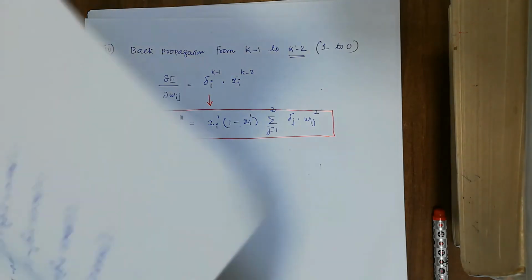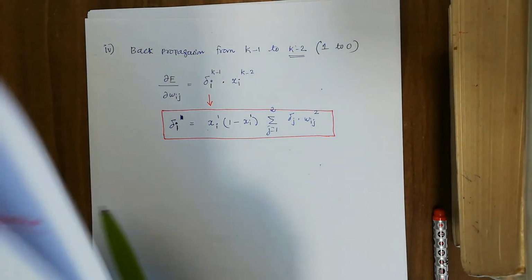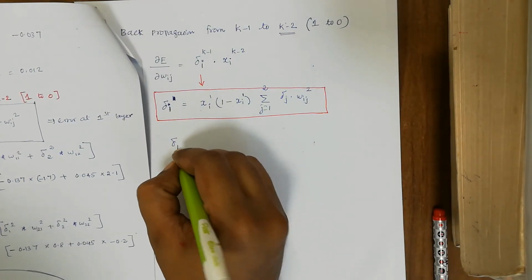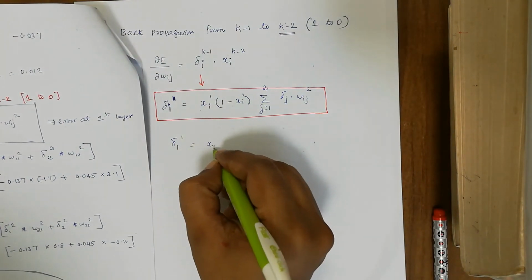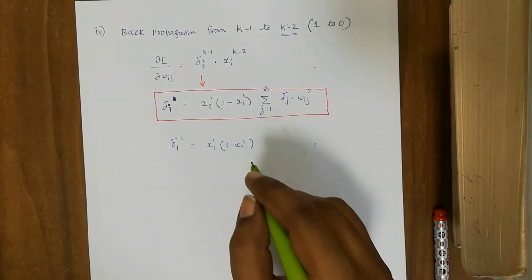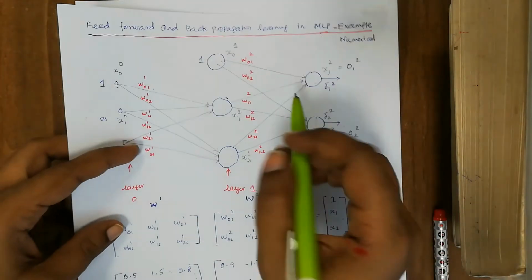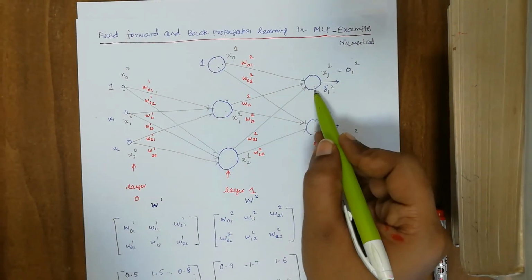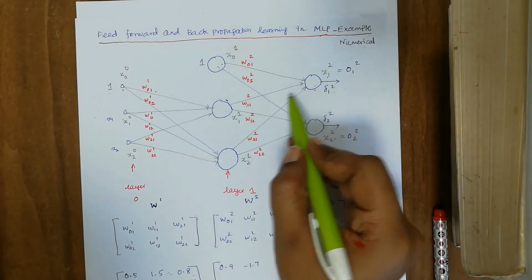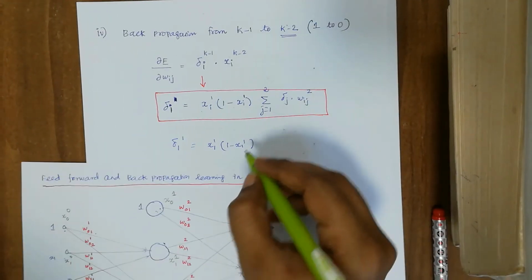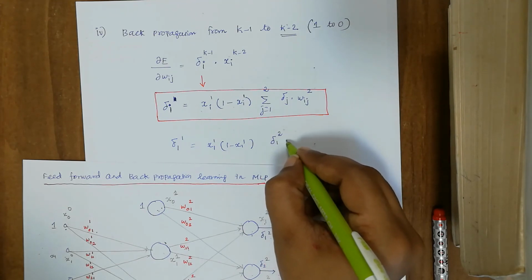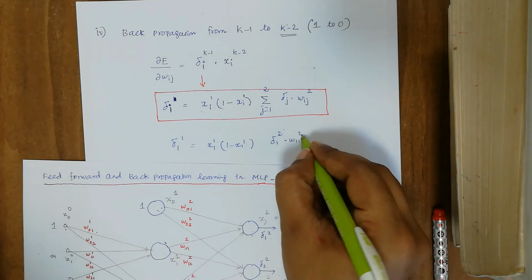So if we understood, then what we have to do now is calculate del 1 1: local derivative x11 times 1 minus x11. So what we have to do is take del 1 multiplied by what? Its weight. Del 1 2 multiplied by W112.